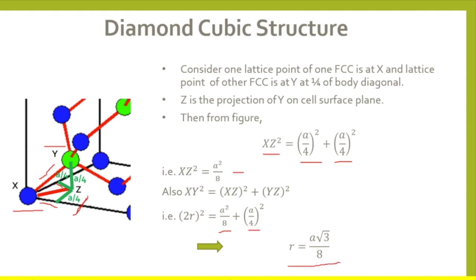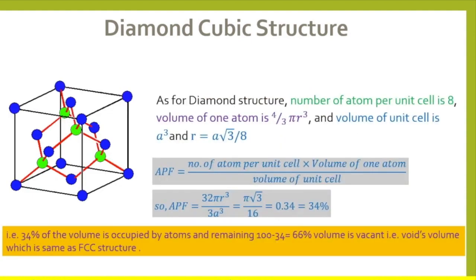So now we know the radius of the atom, and we also know that the number of atoms per unit cell is 8, and so from here we can calculate the atomic packing factor, which comes to only 34%.